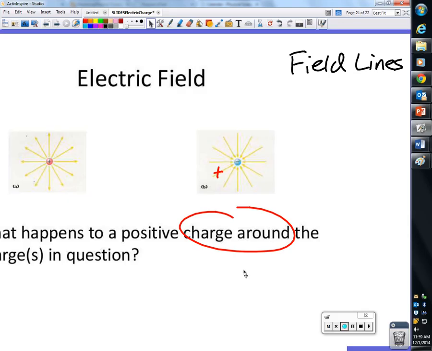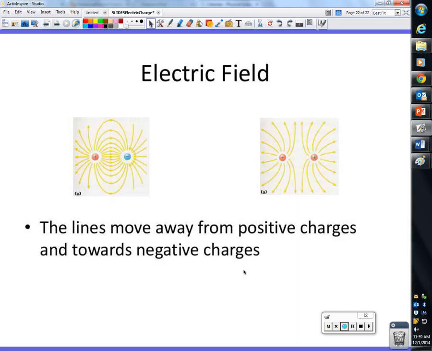Okay, so let's do this, Kate. Let's take a look at the third picture that you guys have on your sheet that looks like this. It's labeled as A, but it's from a different page in the book, not your book. So here, now we have a positive and a negative charge, right? If we threw an extra positive charge in there, that's a terrible positive charge, but I'm drawing with my mouse.